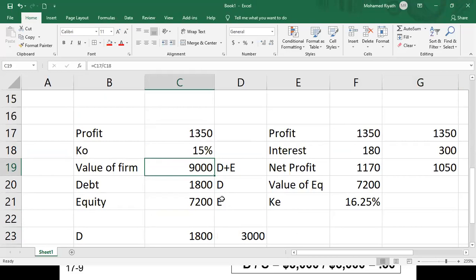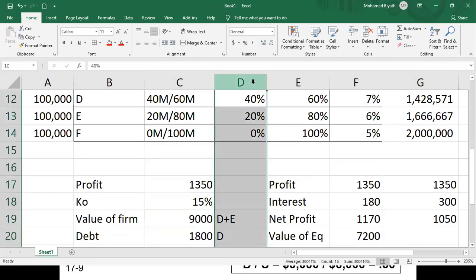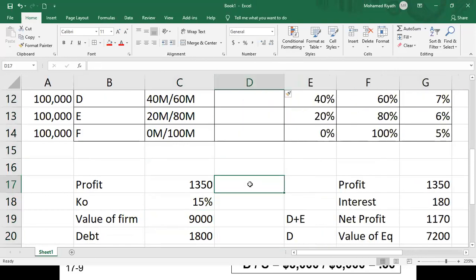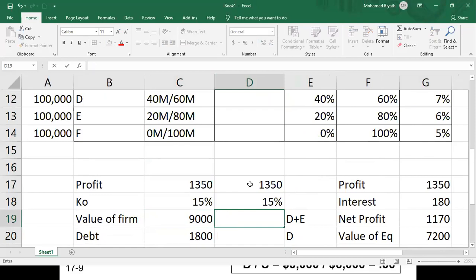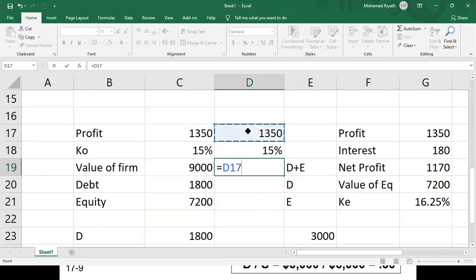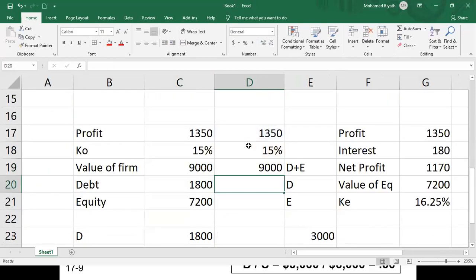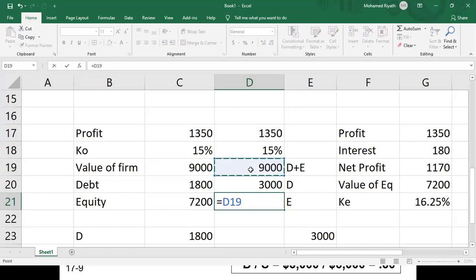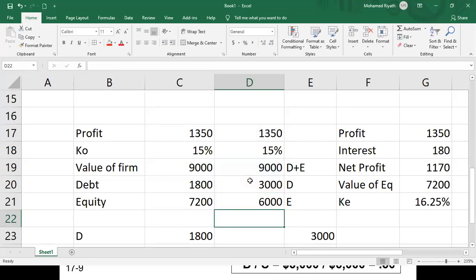The value of debt is 3,000. And how much is the equity? Value of equity now is 9,000 minus 3,000, which equals 6,000.